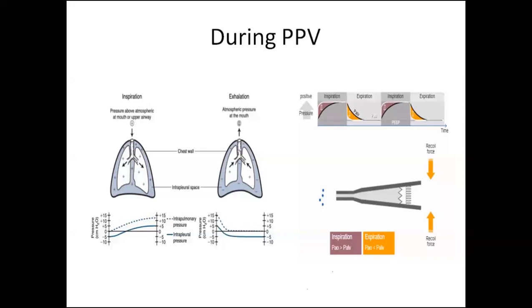Even on positive pressure ventilation, you cannot control expiration. Expiration depends on your lung mechanics. You cannot control it with the ventilator. So this is the first thing you need to remember from this class: even on a conventional ventilator, expiration is always passive.